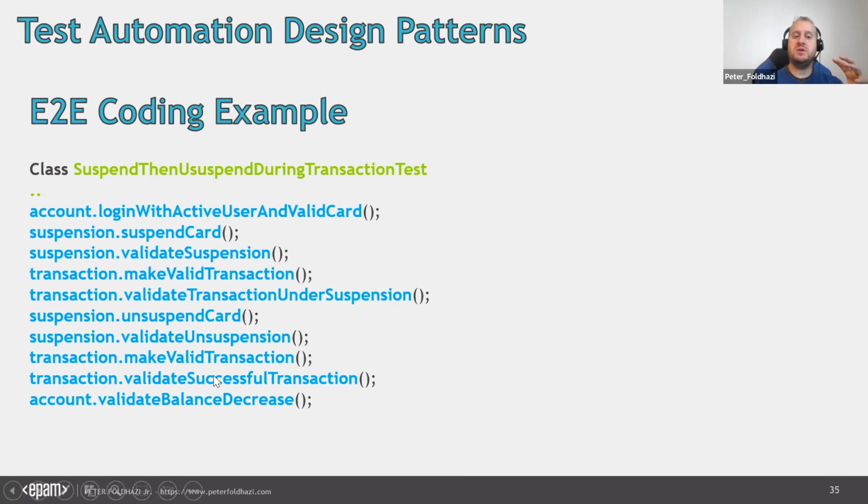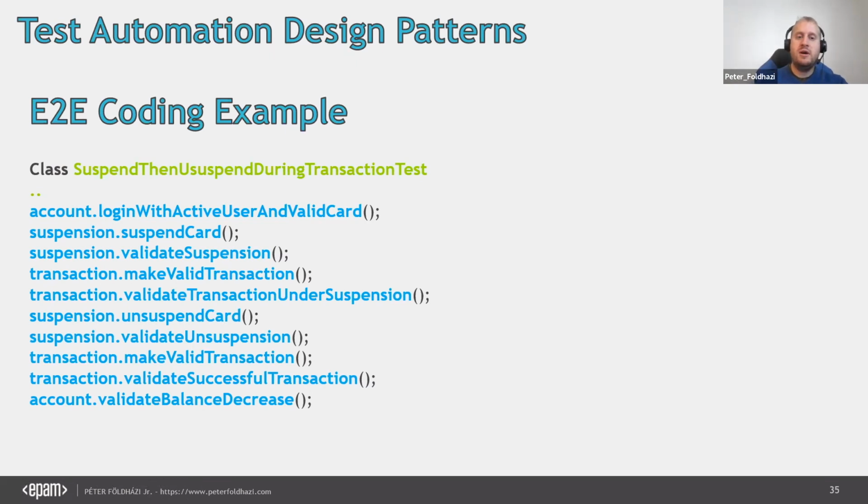This time it should be not just a valid, but also a successful transaction. And I need to see the changes in the balance. And of course, I want to make some validations in logs, such as leveraging Splunk, or also validating database transactions.